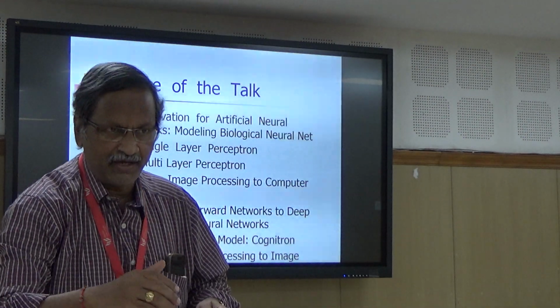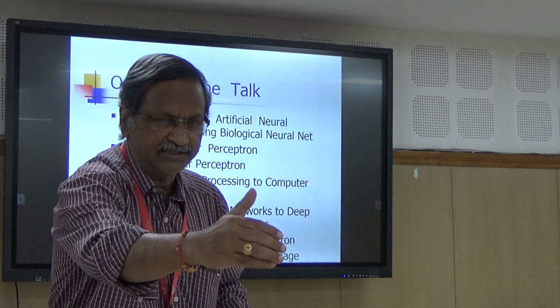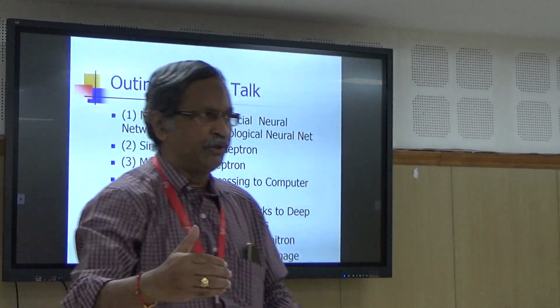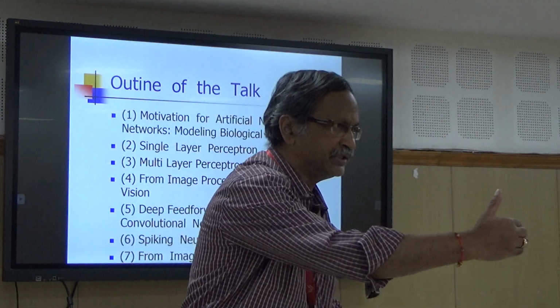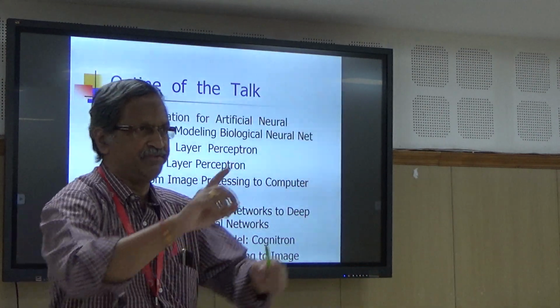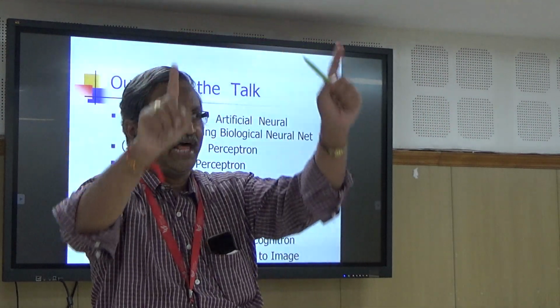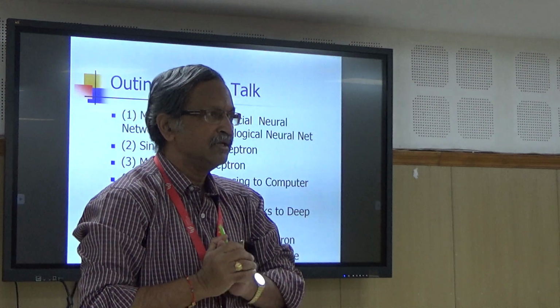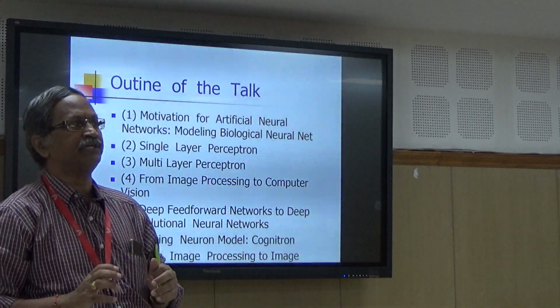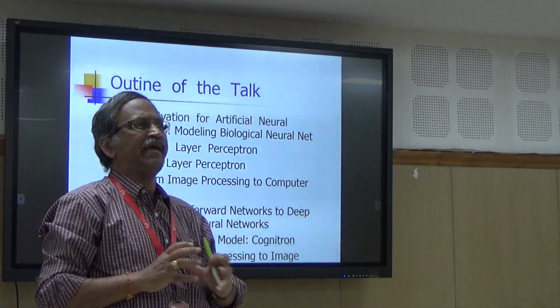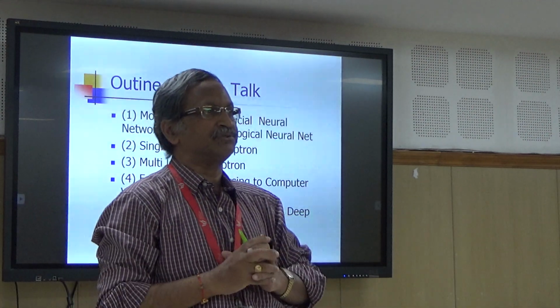I want to know where the closest vehicle is. I want to know whether there is a pedestrian crossing. I want to know whether there is a traffic sign. I want to know whether there is a red light or green light. All this information is extracted by the sensors.